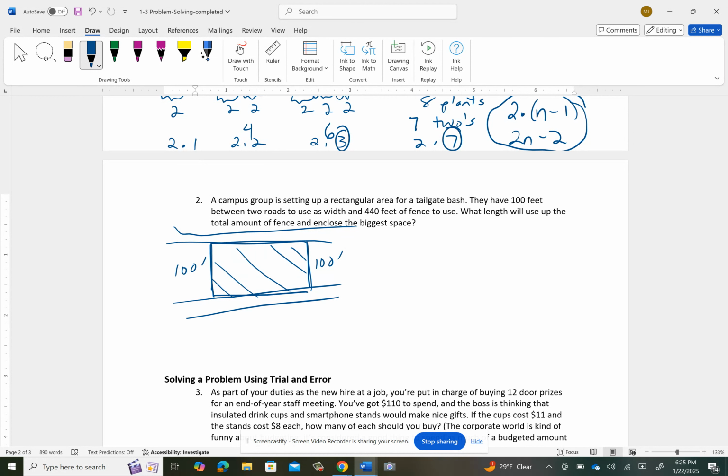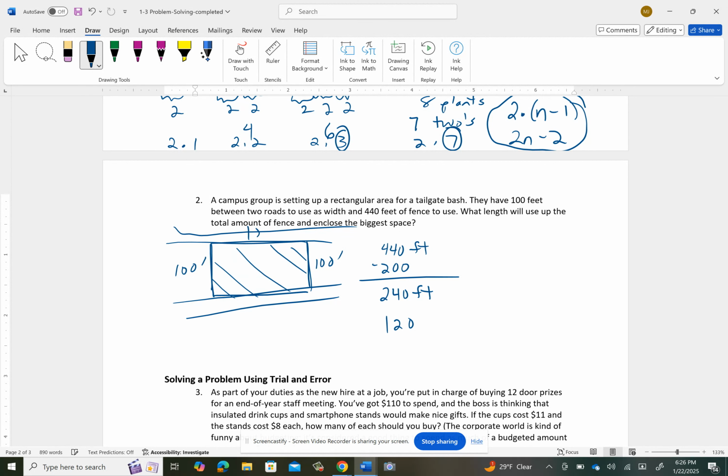I'm kind of assuming that the fence will go around all 4 sides, even the sides where the roads are. So if I assume that, then of my 440 feet of fence, I've already used up 200, and I'm down to 240 feet left. And it's a rectangle, so that will have to get divided by 2.